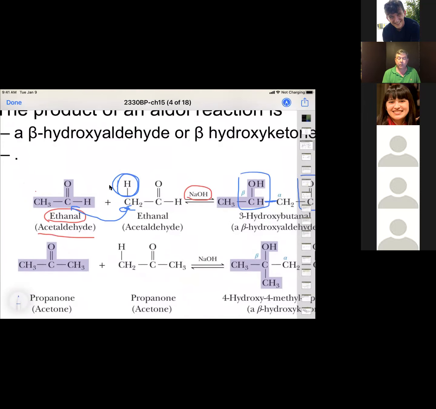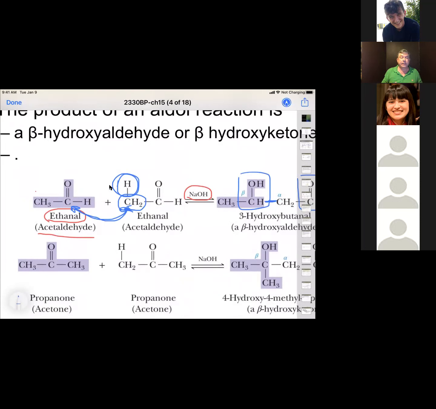Do we see how we're using the same material to attack itself? We take the base to deprotonate one equivalent of the aldehyde, generating an enolate. It attacks the other equivalent of the aldehyde to generate a new carbon sigma bond, and it leaves it as the alcohol.